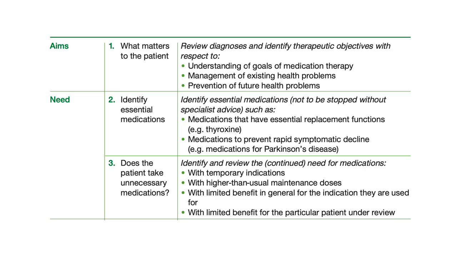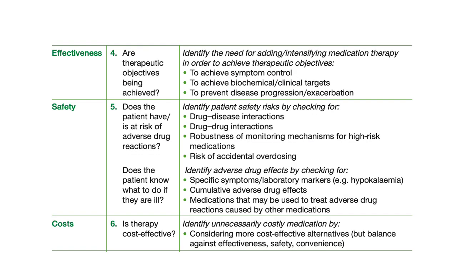Need: identify essential medications, and also identify unnecessary medications. Then you assess effectiveness: are therapeutic objectives being achieved? Then you look at achieving therapeutic effectiveness by symptom control, by biochemical and clinical targets, and by preventing disease progression.